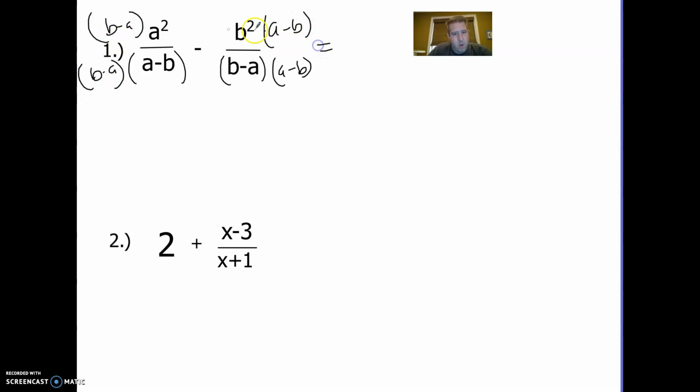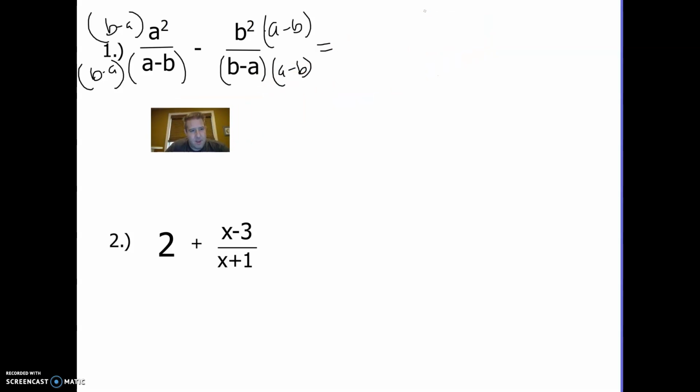All right, so I'm going to have to move myself again. I'm going to need quite a bit of room here. So a squared times b minus a. So I'm going to actually solve that out. So that's a squared b minus a squared times a. Oh, I'm sorry, a cubed. It's not going to let me just go back, so I'm going to have to actually erase. There we go. So that was a cubed.